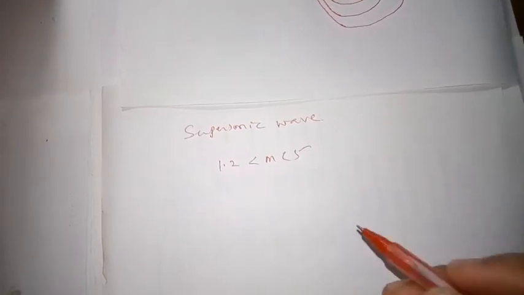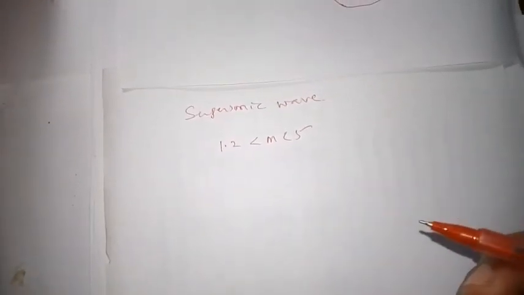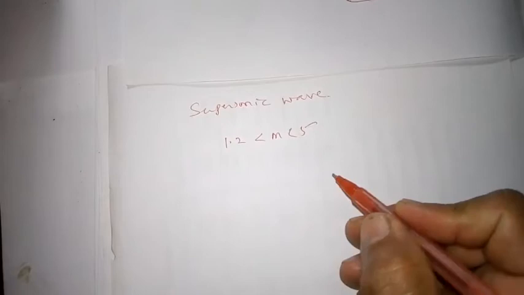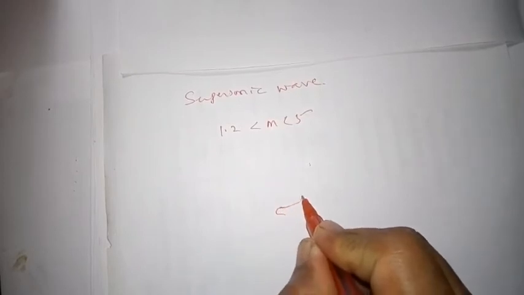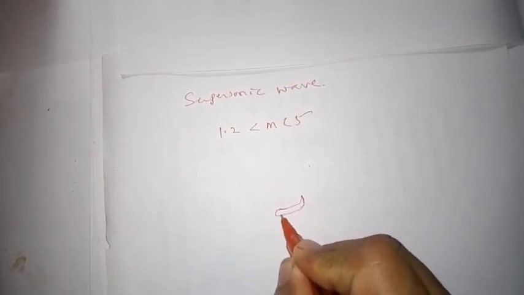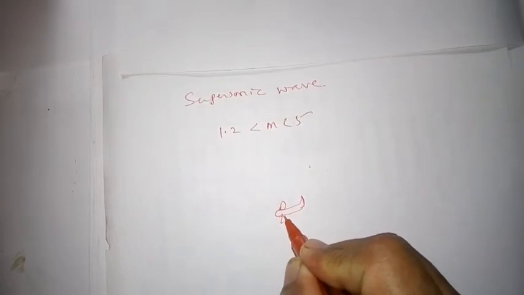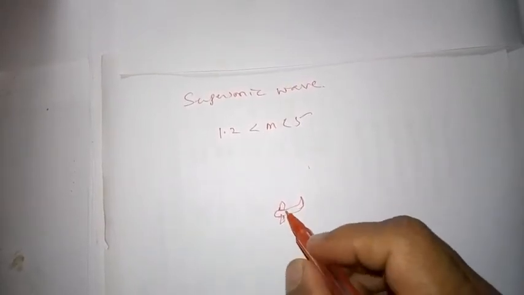Here the velocity of the object is more than that of the sound. A cruise missile or a super jet can travel with this velocity.